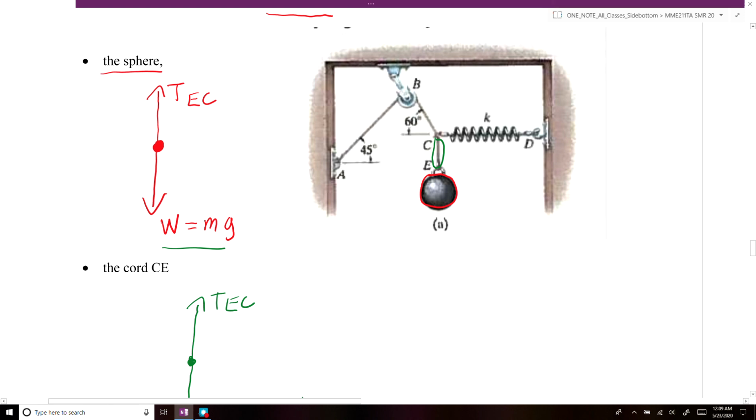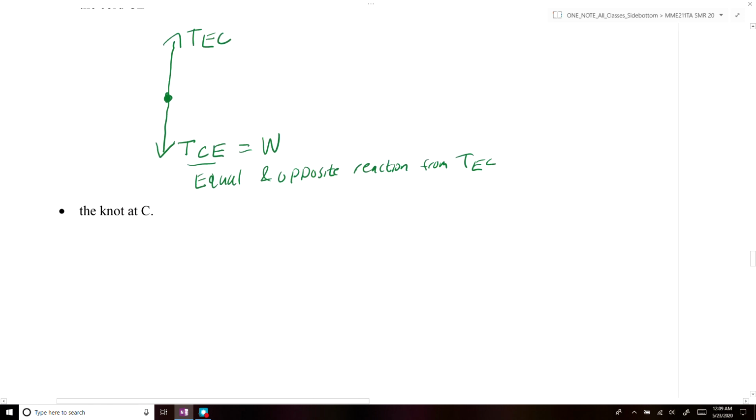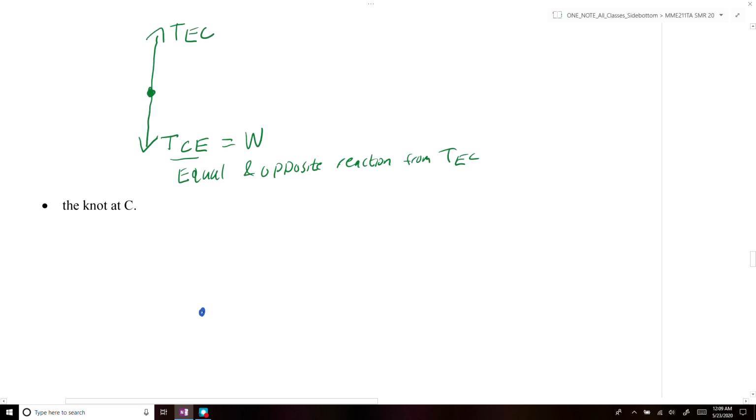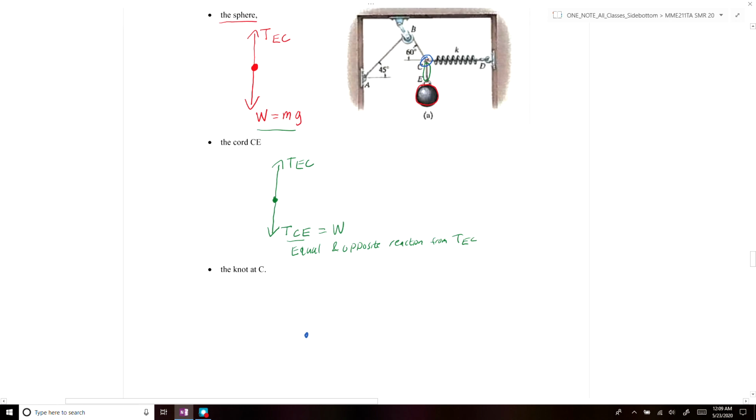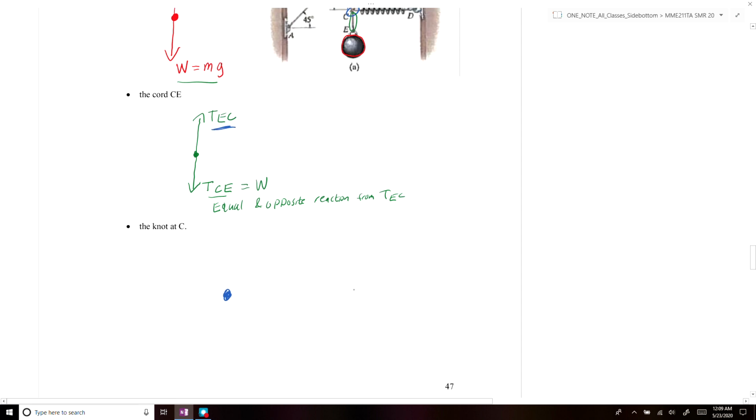The last component that we're asked to solve for is the knot at point C. If we look at point C, we have the equal and opposite tension of TEC, which we can write as TCE going downwards.